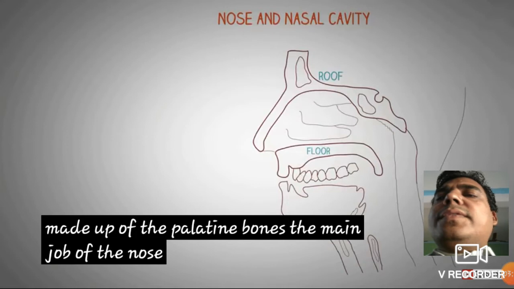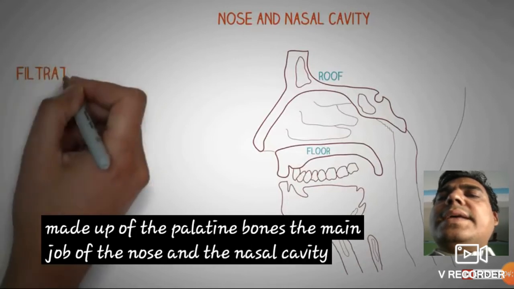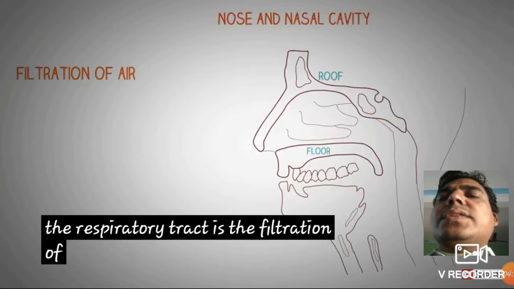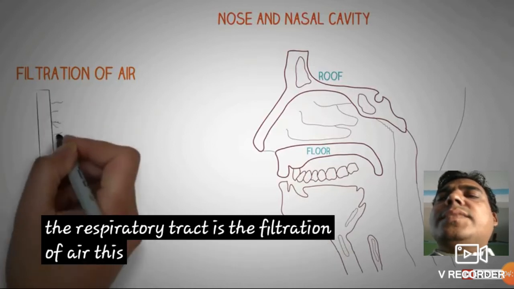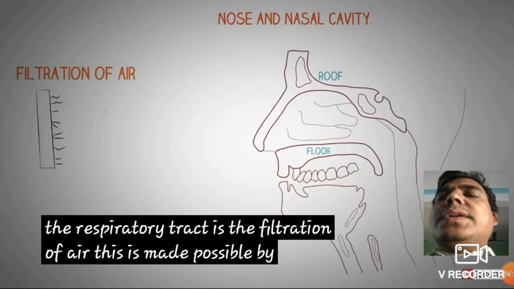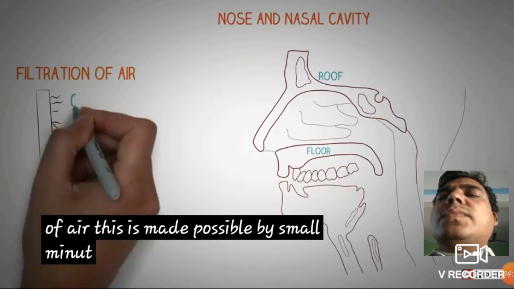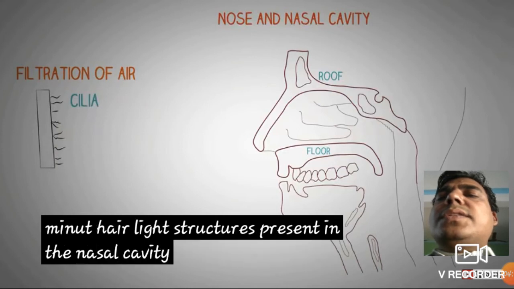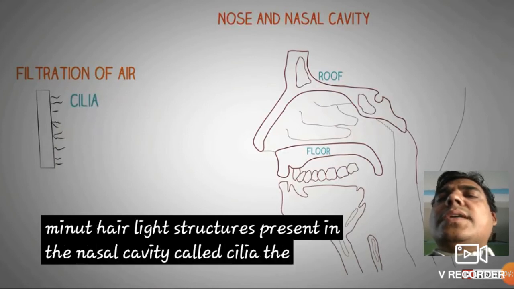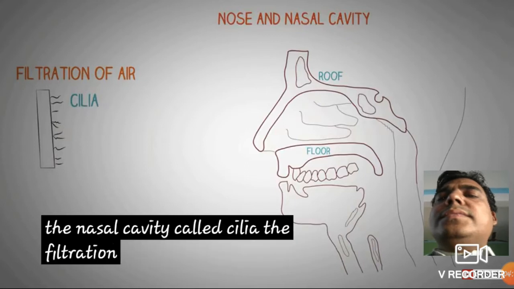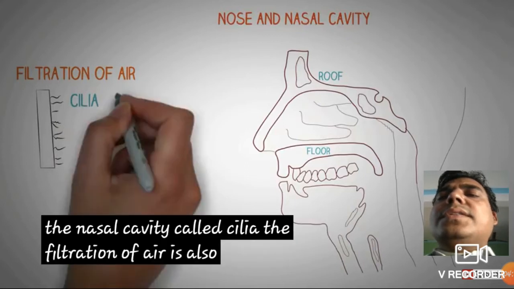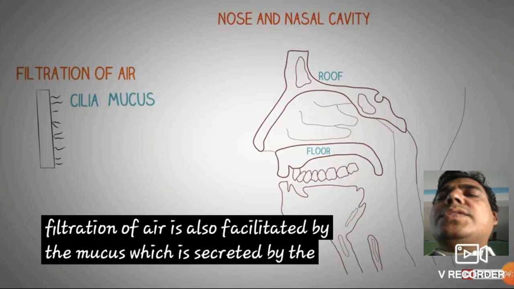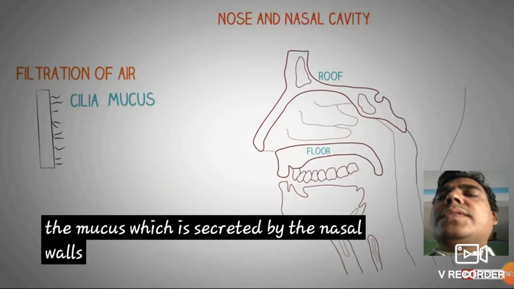The main job of the nose and the nasal cavity in the respiratory tract is the filtration of the air. This is made possible by the small minute hair-like structures present in the nasal cavity called cilia. The filtration of air is also facilitated by the mucus which is secreted by the nasal walls.